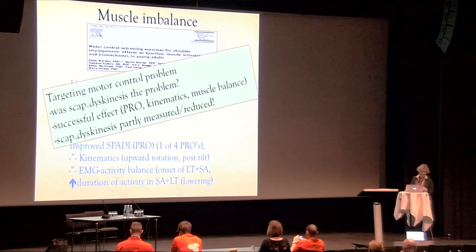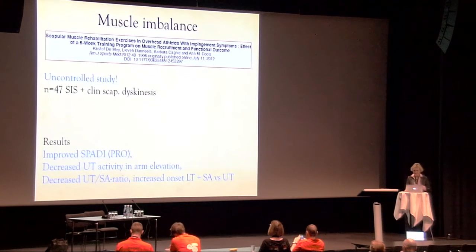Still an uncontrolled study targeting scapular muscle rehabilitation. Here they actually included people with both subacromial impingement and scapular dyskinesis. So they were more precise in their inclusion criteria. Again, scapular dyskinesis was part of the problem here.